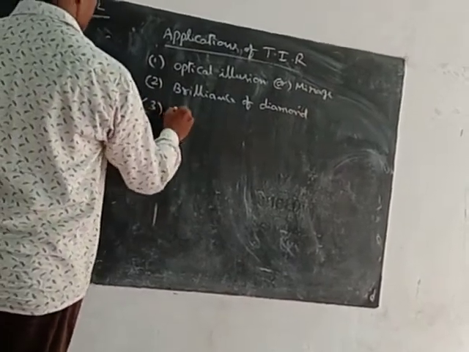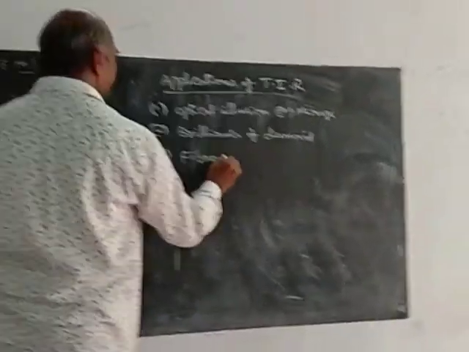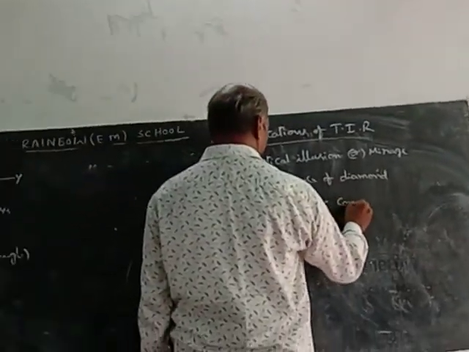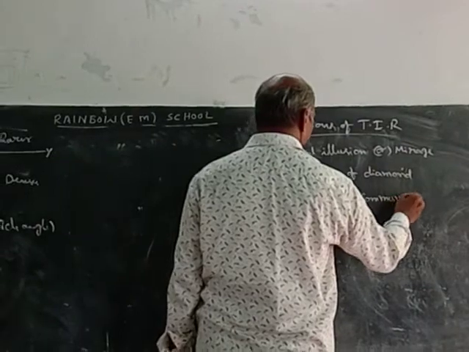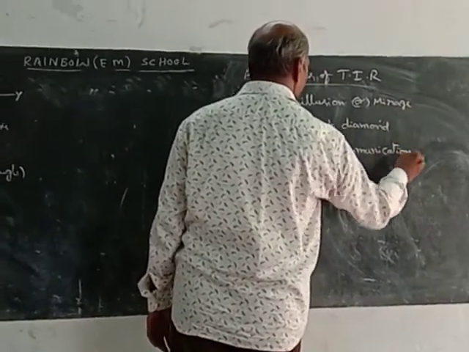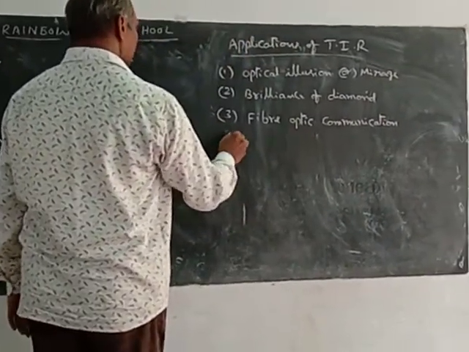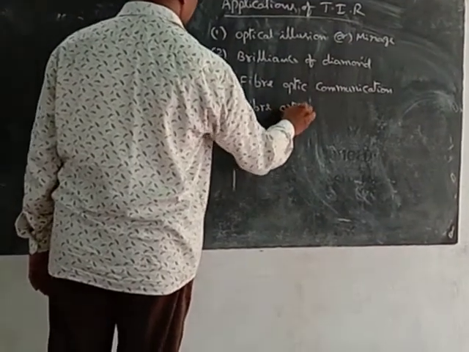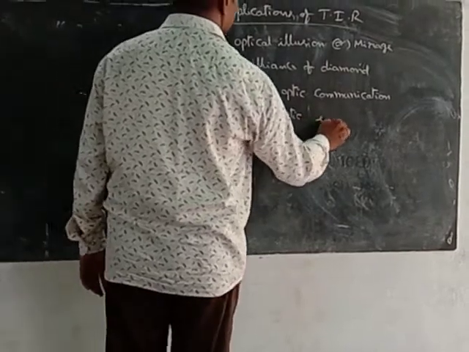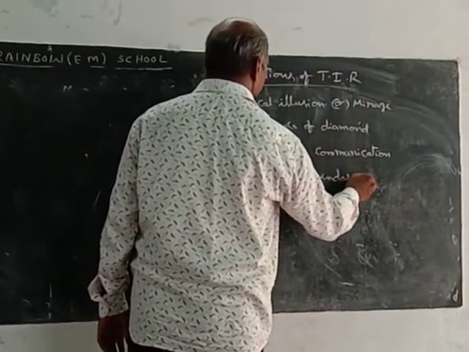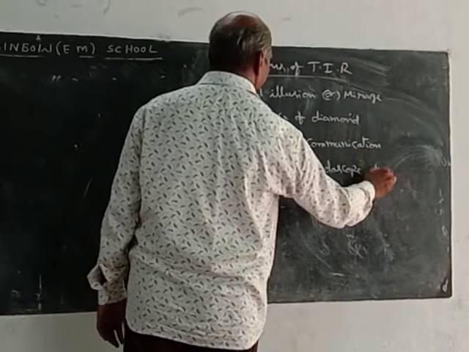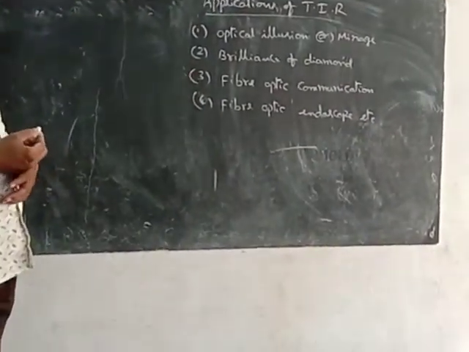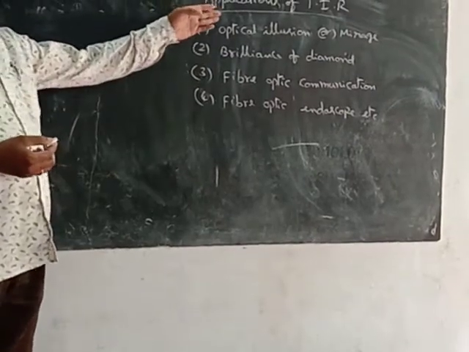Third one is fiber optic communication. Fourth is fiber optic endoscope. These are the main important applications of total internal reflection. First one is optical illusion or mirage.